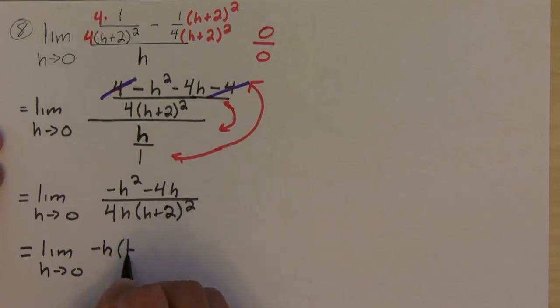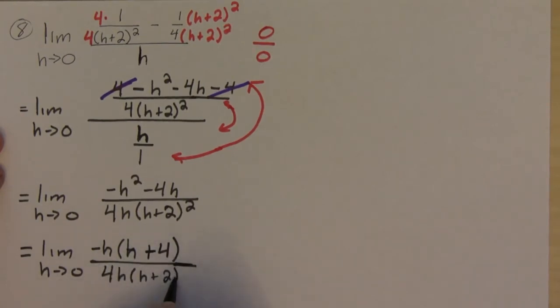So then I would get an h minus, sorry, plus 4. You can factor out just an h, but it just looks a little cleaner. And on the bottom, I'll just leave it how it is. It's already in factored form. And notice that the h's now cancel.